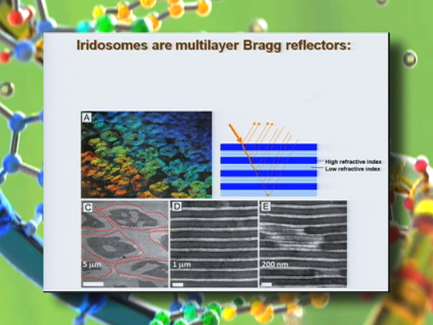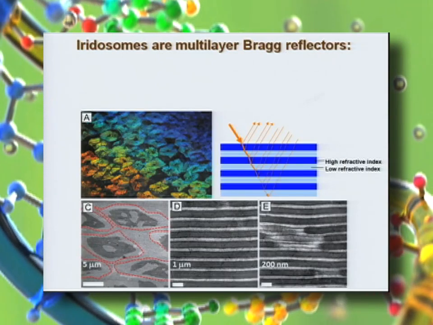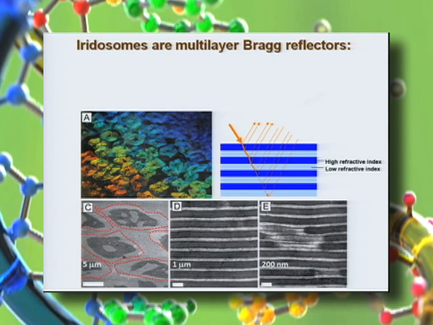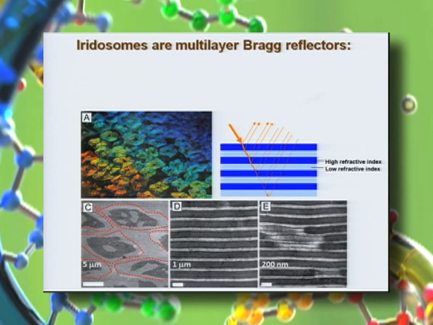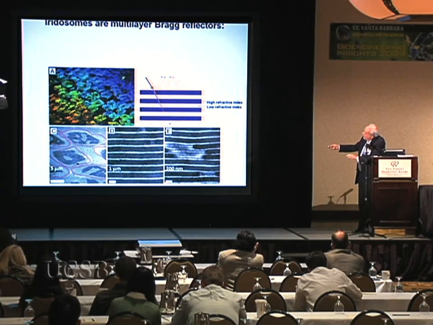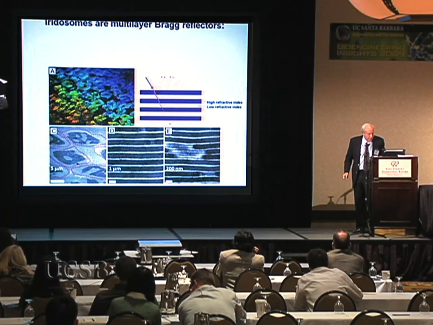The assembly of the proteins drives, we found, the densification, increasing the refractive index, and the thickness and spacing of these reflectors also change. Here, in response to a pulse of the neurotransmitter acetylcholine, you see the progressive wave of color changing from red, yellow, all the way through blue in these cells.